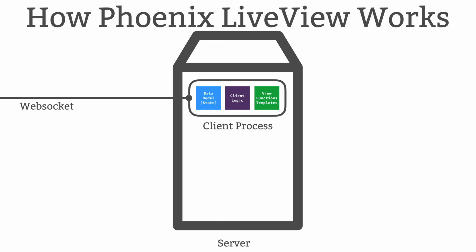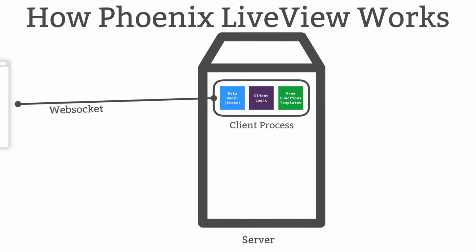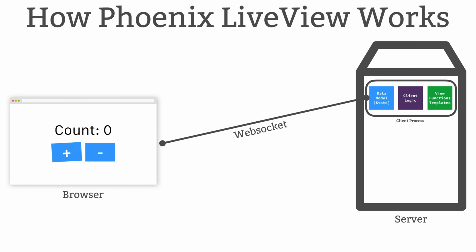Well, let's imagine a very simple example application, a basic counter with an increment and decrement button. So what's the data model or state for this application? Well, really it's just a number which represents the current count. In this simple example, we'll say the count should start at 0, and keep in mind this state, the count, lives on the server.